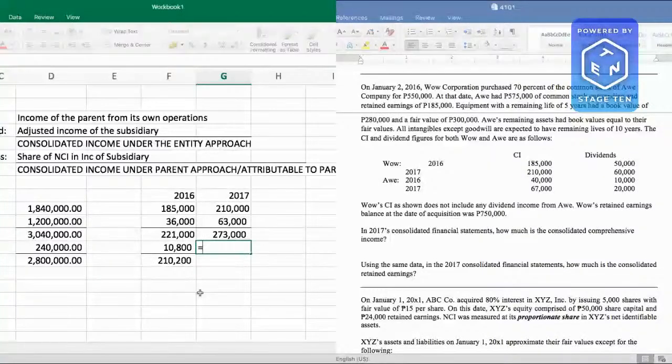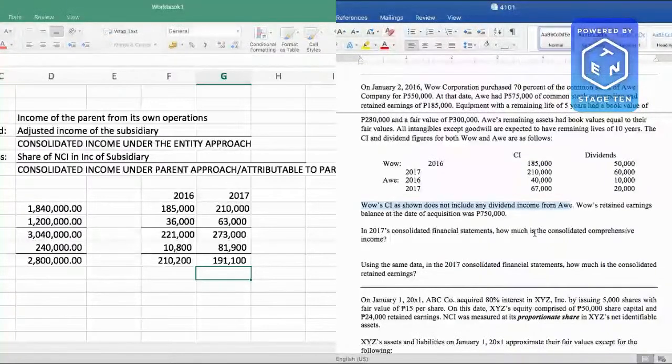The income of the subsidiary. Is it the 63,000 or the 67,000? The 63,000, always the adjusted income. So that means the consolidated income attributable to parent in 2017 is 191,100.